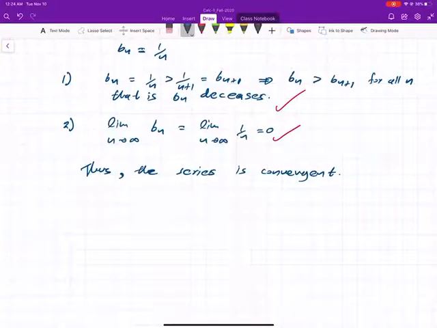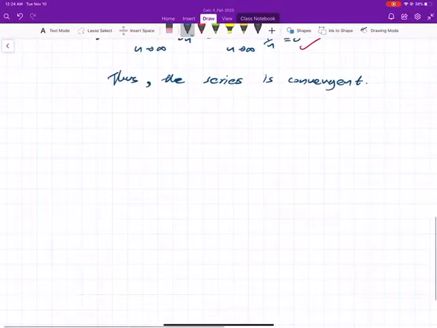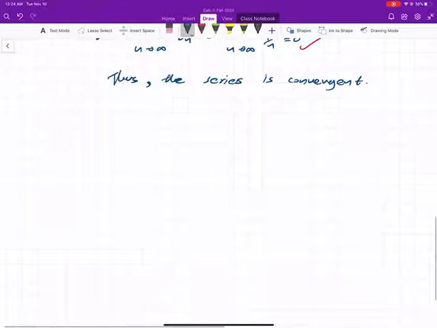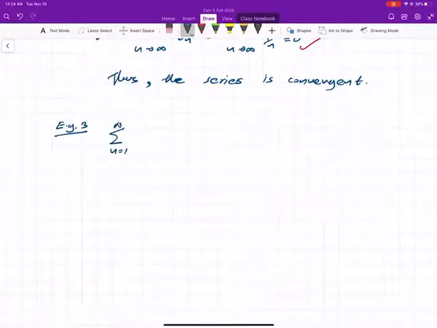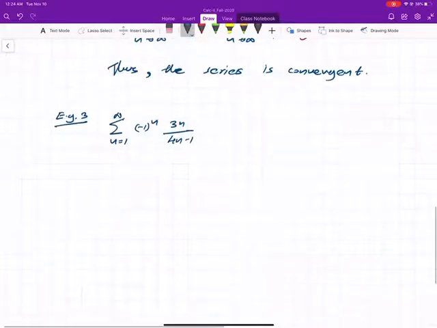Now let's discuss the third example. In the third example, you have to find the sum from n goes from 1 to infinity of minus 1 to the power n, 3n over 4n minus 1. Alright.